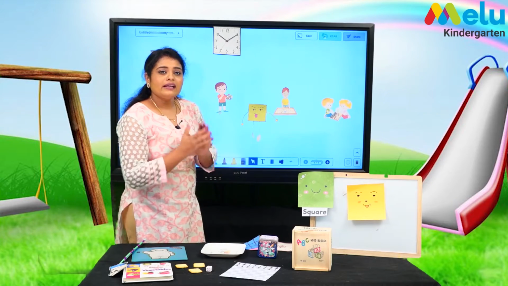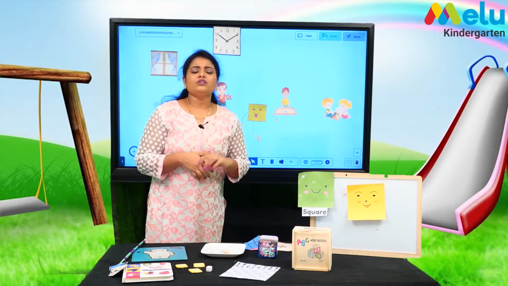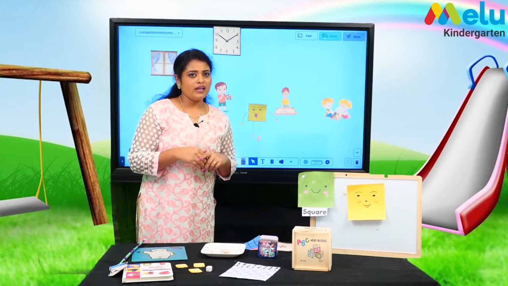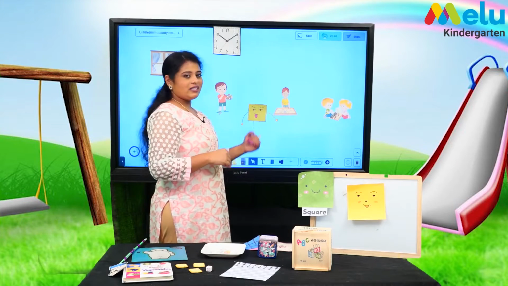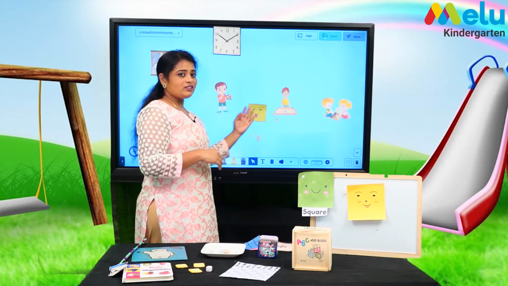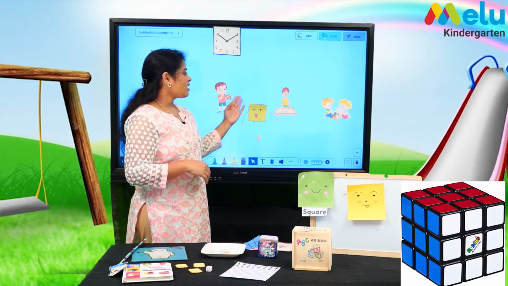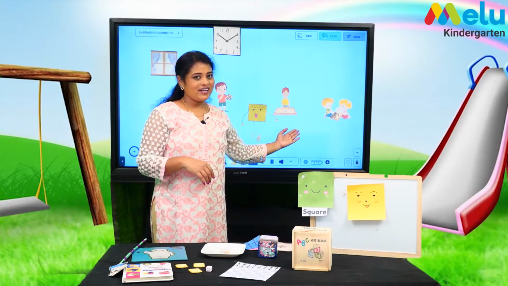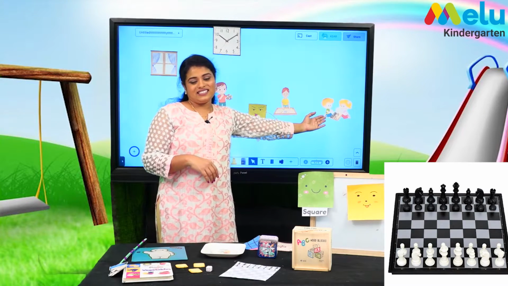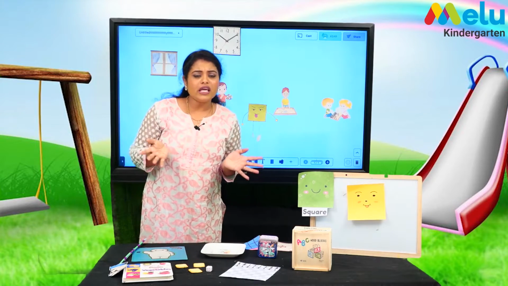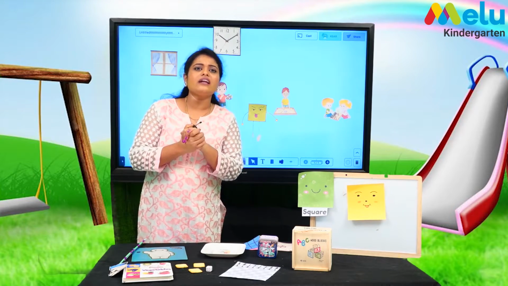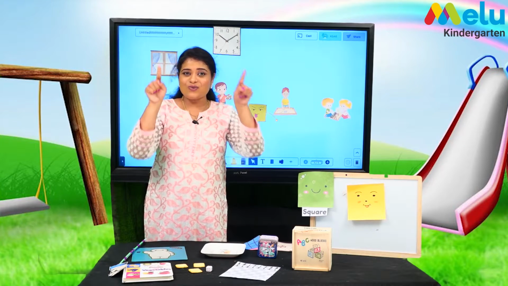So, Mr. Square, though he was a bit late to play with his friends, he also started playing with his friends. So, he played with the Rubik's Cube, carom board and chess. Yes, and he found so many things at his friend's home which are in the shape of a square.